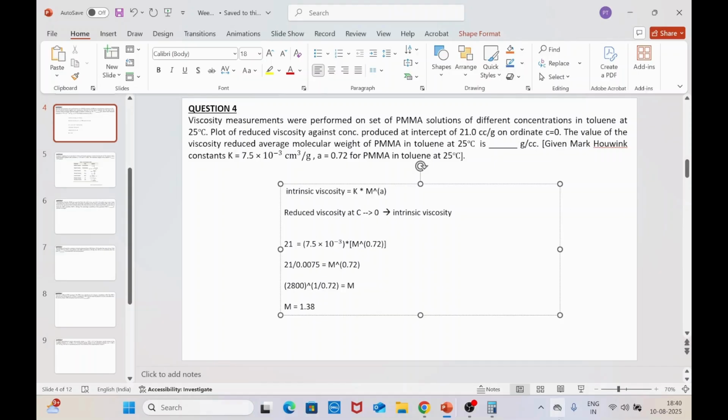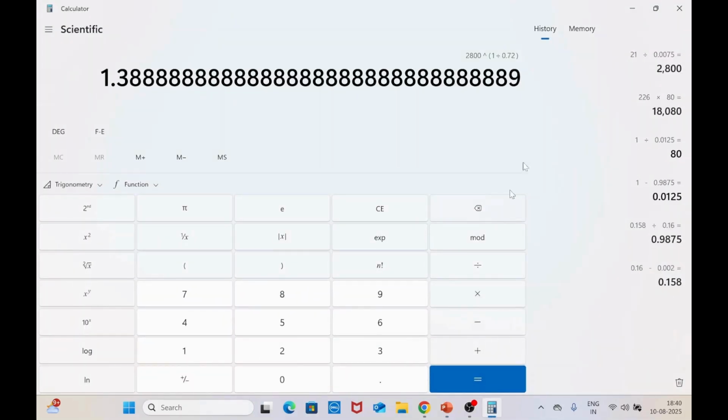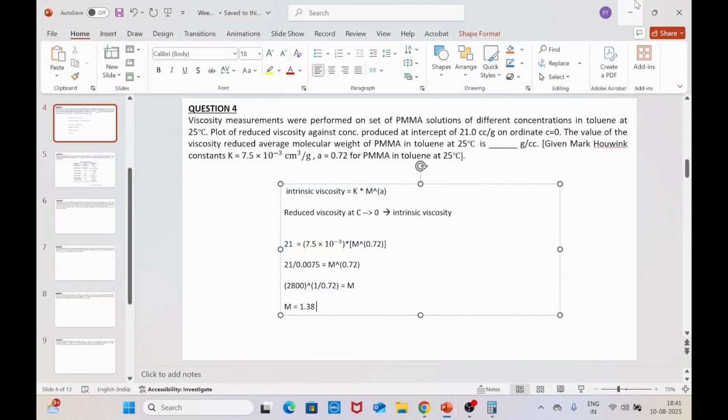Wait, I think there's a mistake. Oh, okay. So it is 2800 to the power 1.388.